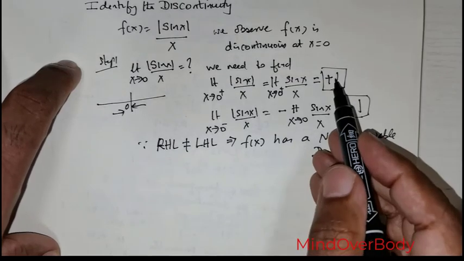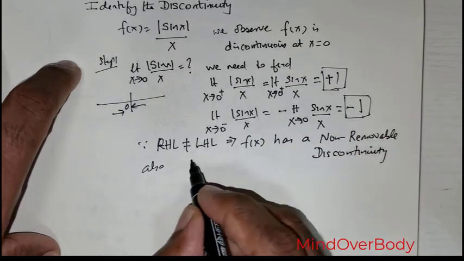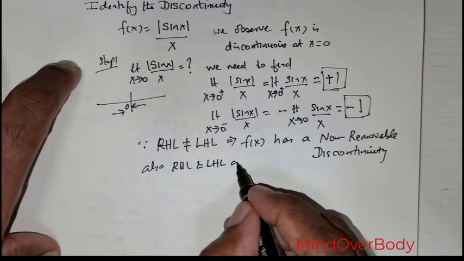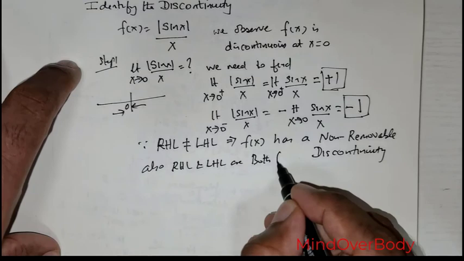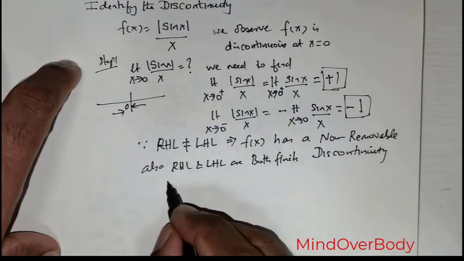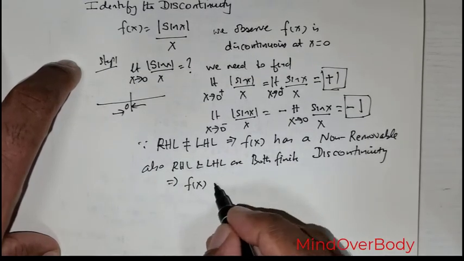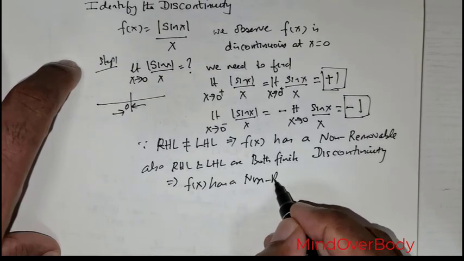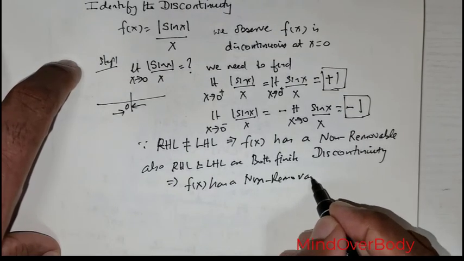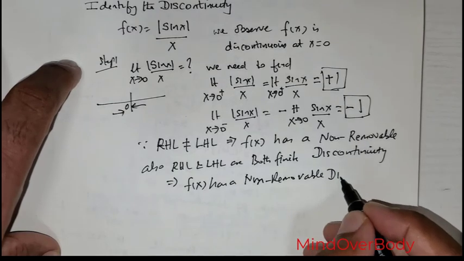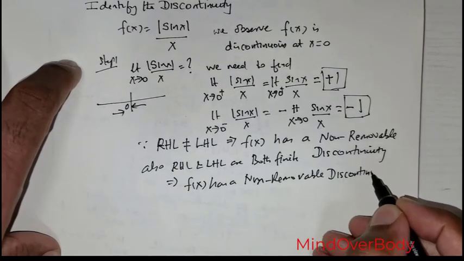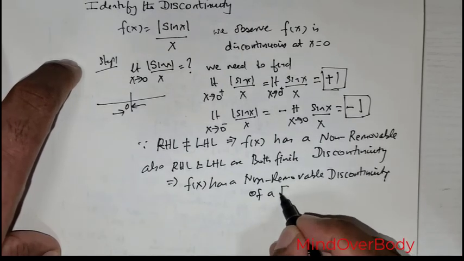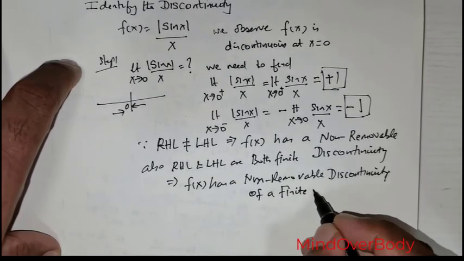Now clearly also right hand limit and left hand limit are both finite. So this would mean f of x has a non-removable discontinuity of a finite type.